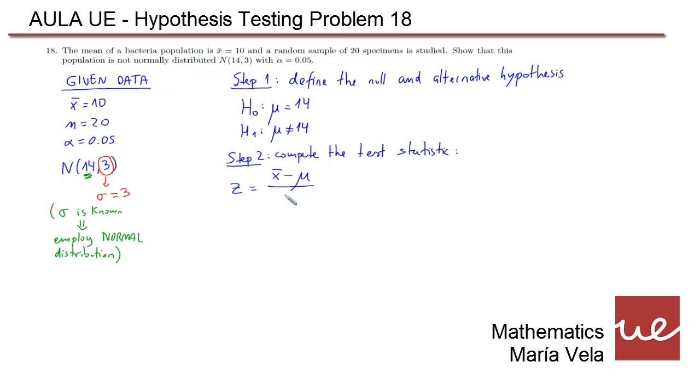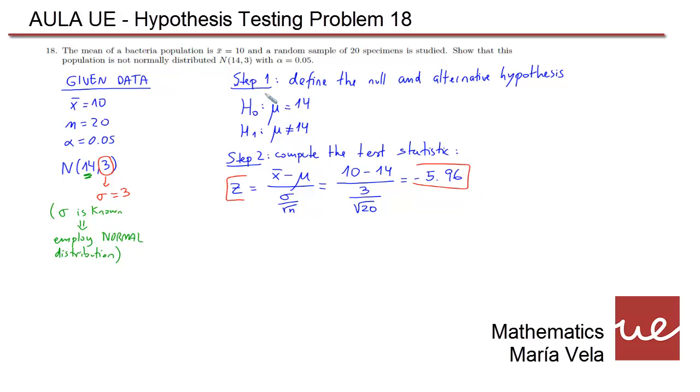So for this particular example, it's going to be 10 minus 14 divided by 3 over square root of 20. If we operate a little bit, we find out that Z is going to be minus 5.96. This is the value for the test statistic for this particular problem.